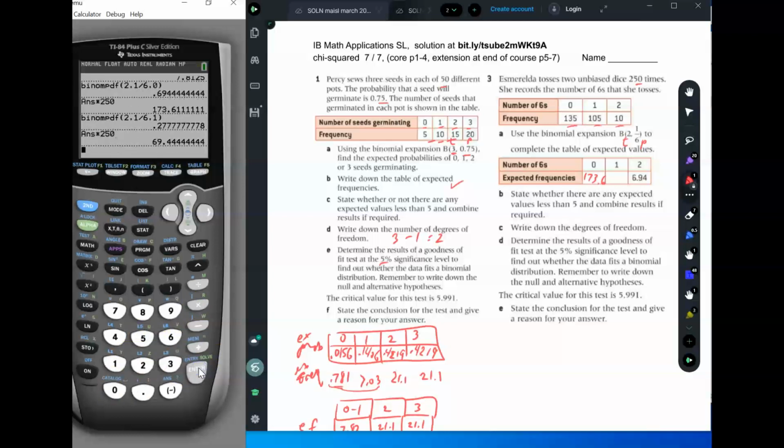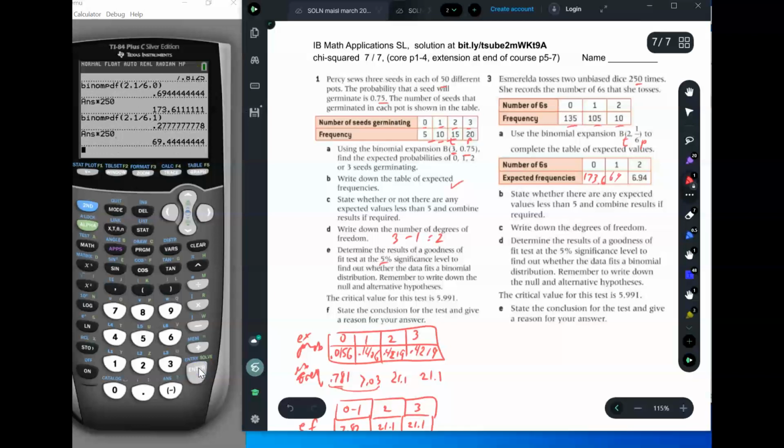And the answer is 69.4. Which mysteriously is 10 times that number. State whether there are any expected values less than 5. No, so we don't need to do combination of categories. Write down the degrees of freedom. Again, it's 3 elements minus 1 equals 2.